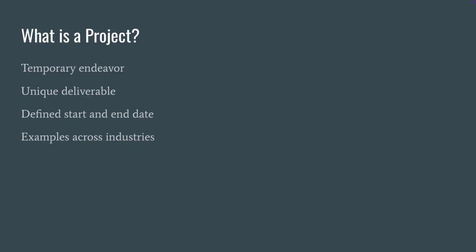And this deliverable is what sets a project apart from routine operations. Because a project has distinct start and end points, it often needs a clear rationale for beginning and clear criteria for completion.